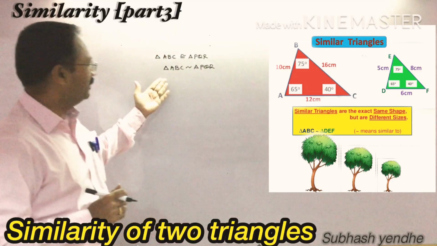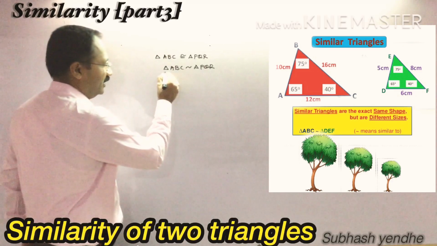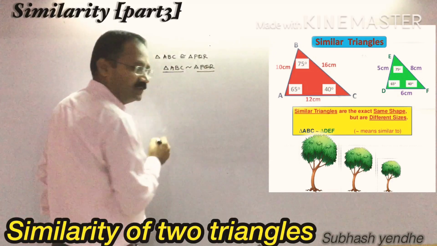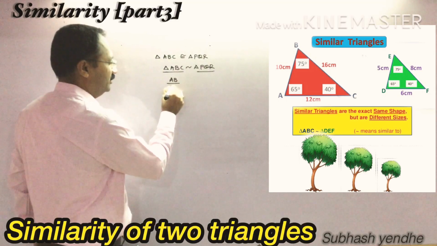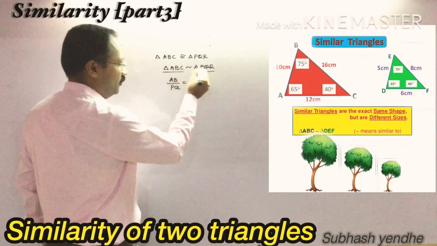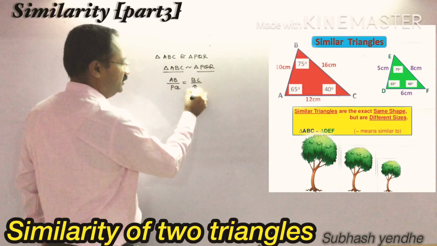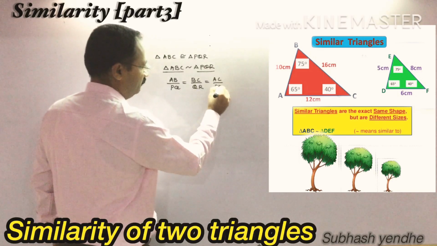Exactly what do you mean by similar? What does it say? It says that if two triangles are similar, then their sides are in proportion. So AB upon PQ, BC upon QR, AC upon PR.